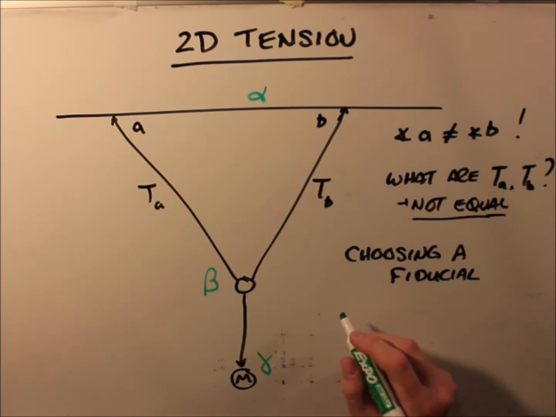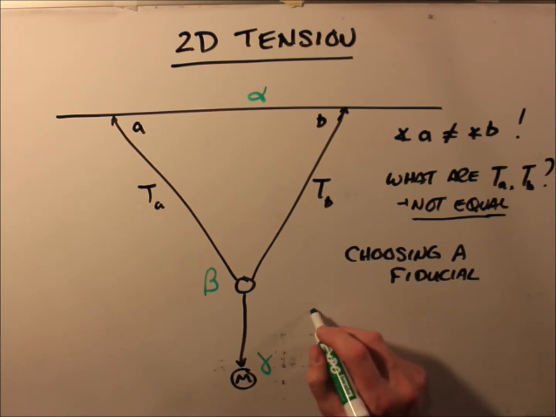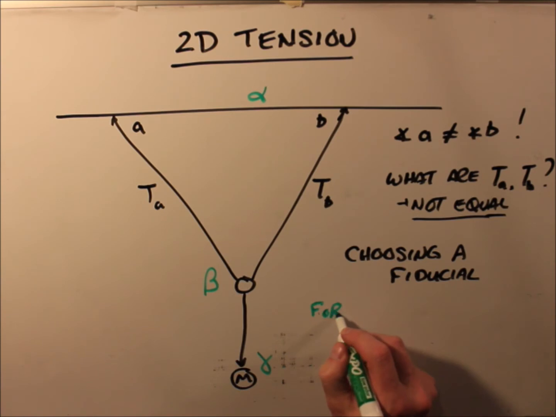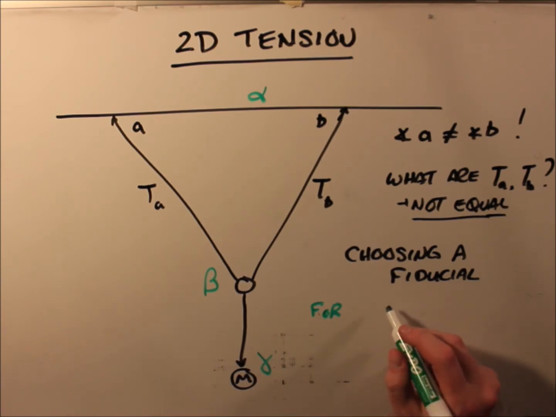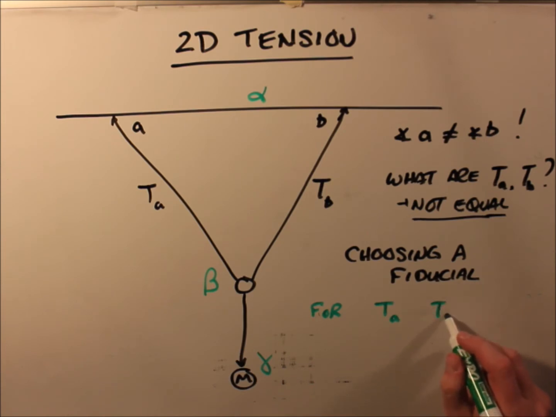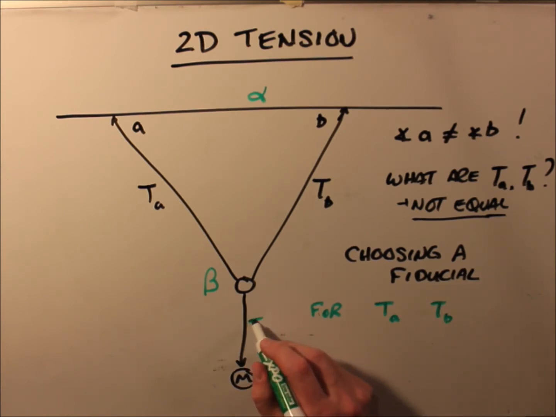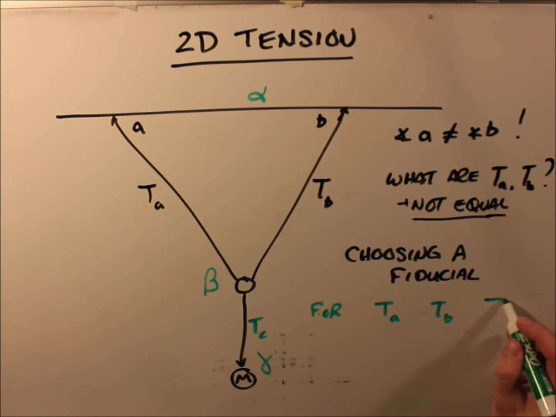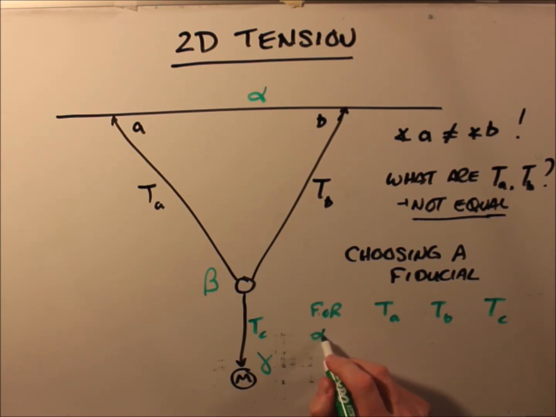So let's see what happens here. We'll make a little table. Okay, so we're going to say our frame of reference here. And we'll have TA, TB, we'll call this one TC, and we're going to use alpha, beta, and gamma.